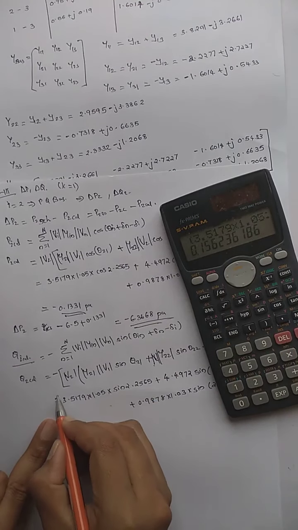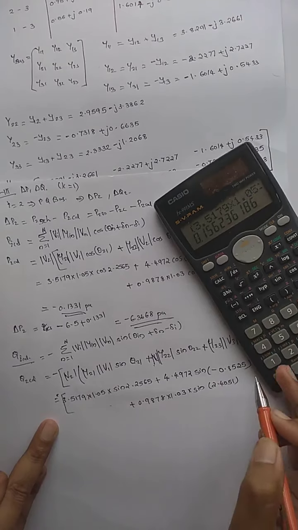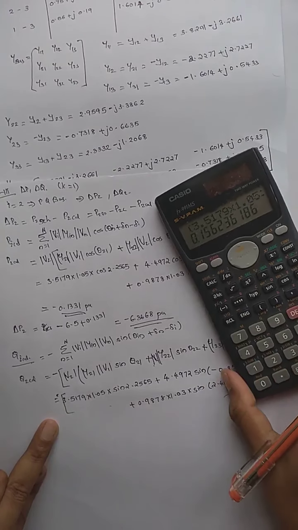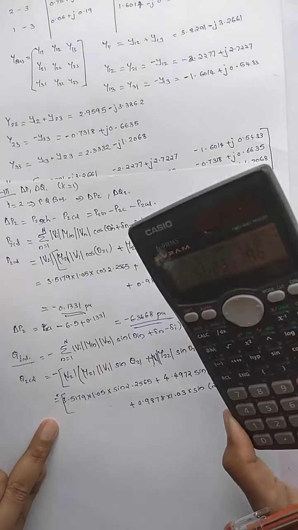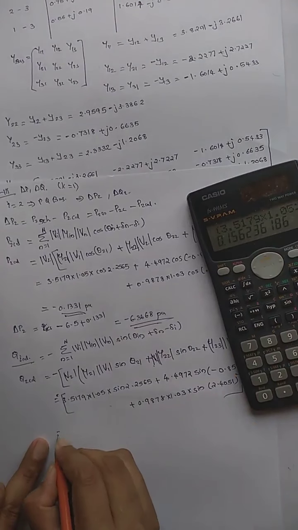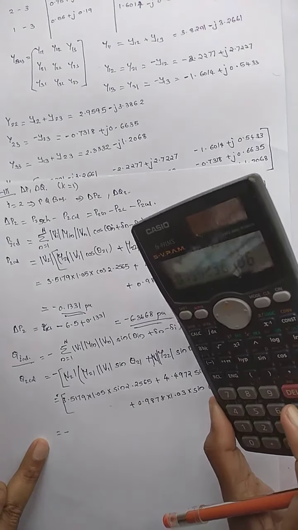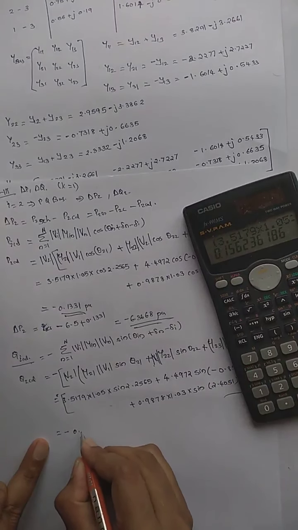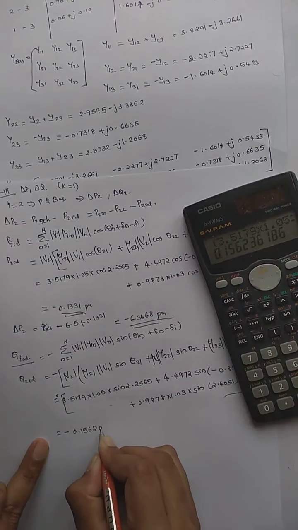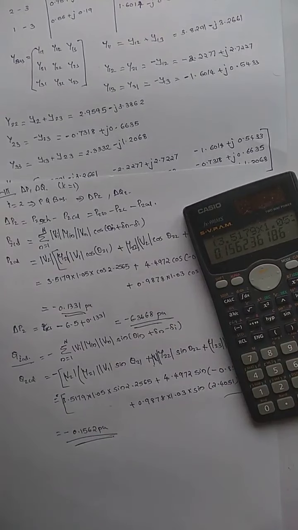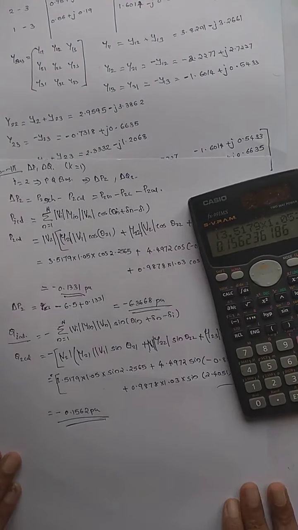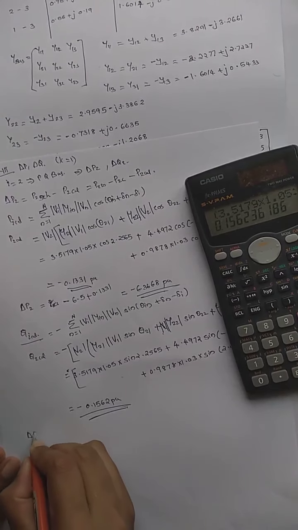Okay, so Q2 calculated is equal to minus 0.1562 per unit. Okay, so this is my Q2 calculated value.